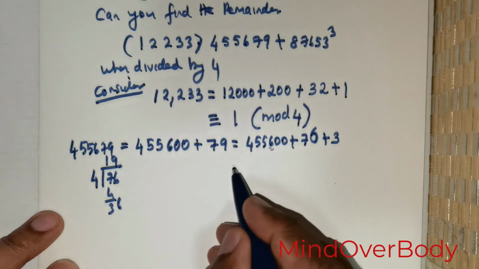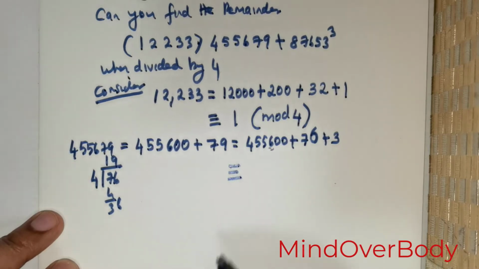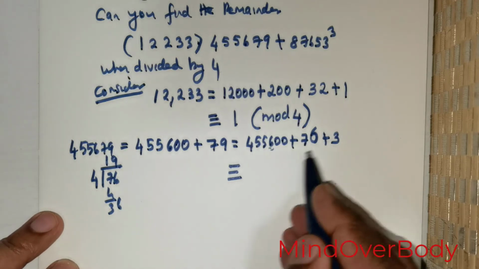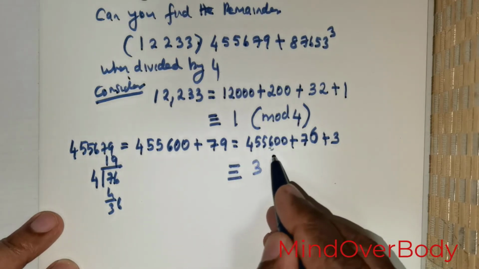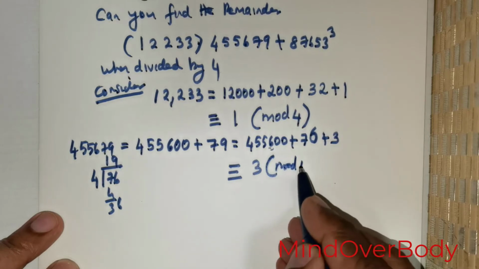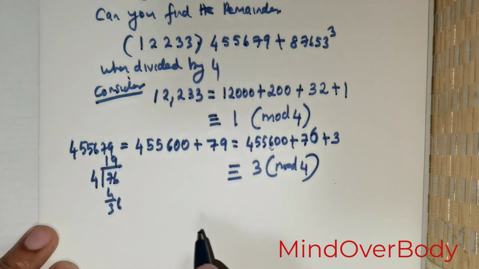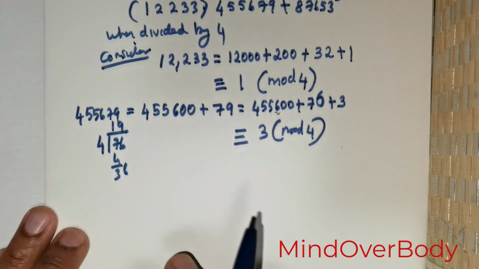That's fine. So this would give me 0 remainder, this would give me 0 remainder, but this is going to be congruent 3 mod 4. So this is for 455,679.